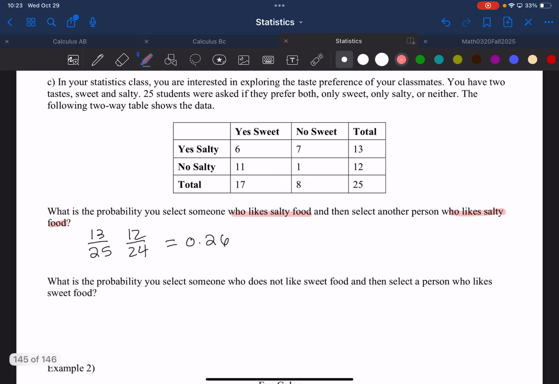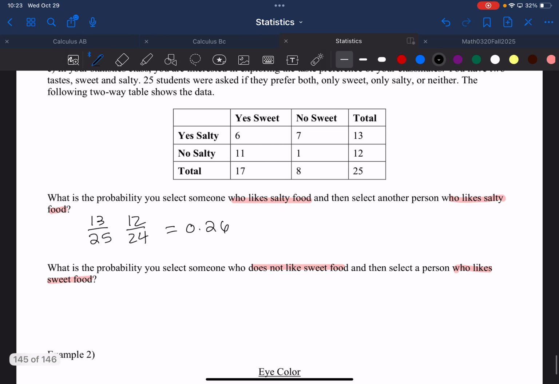Next one says, what is the probability you select someone who does not like sweet food and then select a person who likes sweet food? Okay, so who does not like sweet? How many do not like sweet? 8. So that's 8 out of 25.